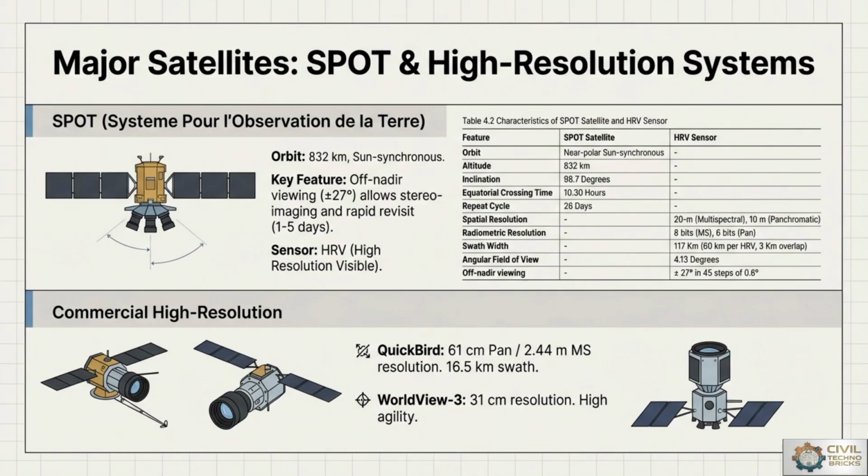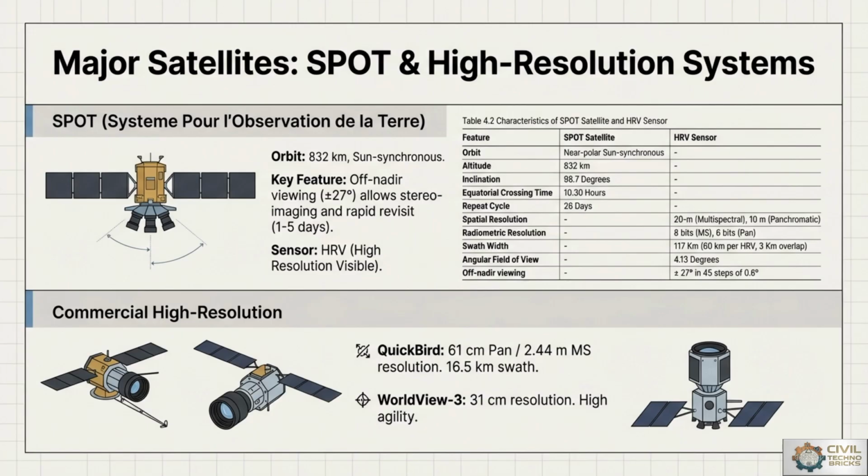Here the major satellites are SPOT and high resolution satellite systems. SPOT, Systeme Pour l'Observation de la Terre, operates in sun-synchronous orbits and is equipped with high resolution visible sensors, with a unique off-nadir viewing capability, which allows stereo imaging and rapid revisit coverage.